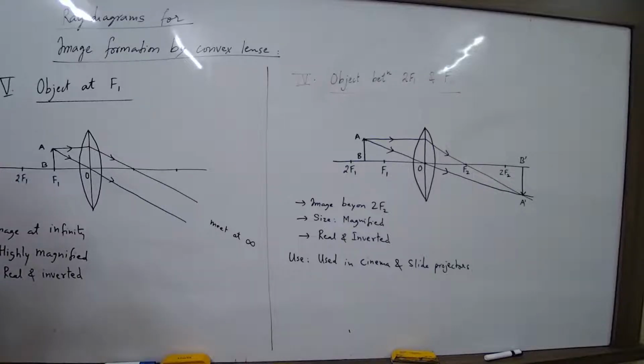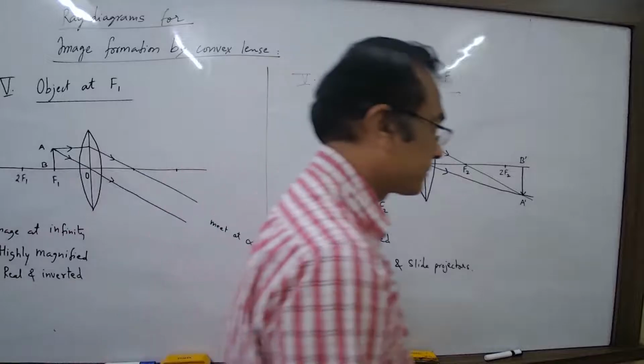Because reflected rays will be always in front. So all the real images in case of reflecting mirrors were in front of the mirror. Only virtual was behind. In this case, it is opposite. All real will be behind, only virtual will be in front. Okay, this is a difference between image formation in case of lens and mirror.